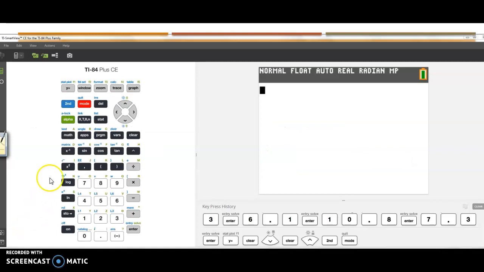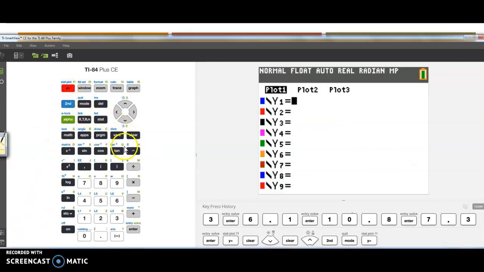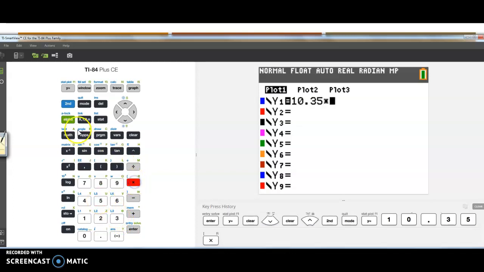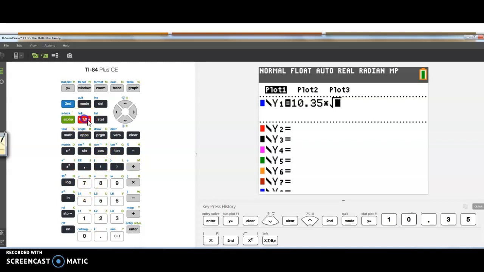So here I am at my graphing calculator, and I'm going to go to y equals, and I'm going to type in the formula that we just found. So we have 10.35 times the square root of our variable, which we have to use x on the calculator.